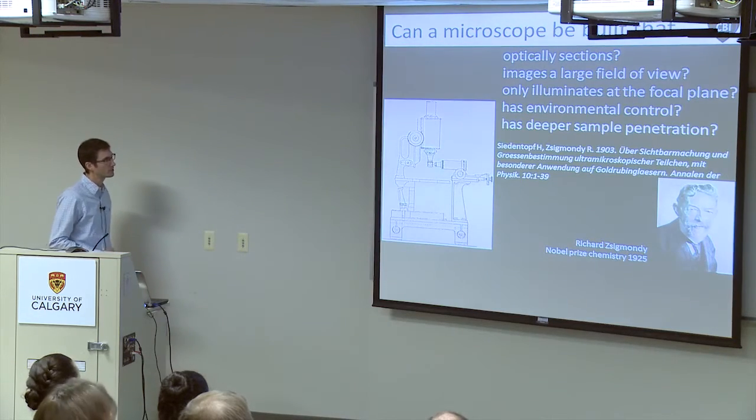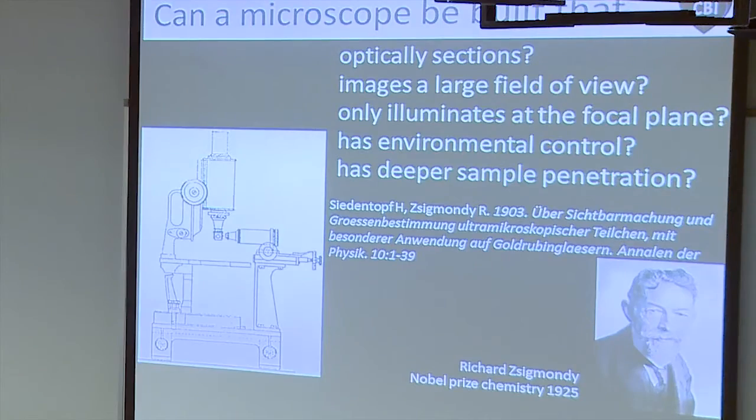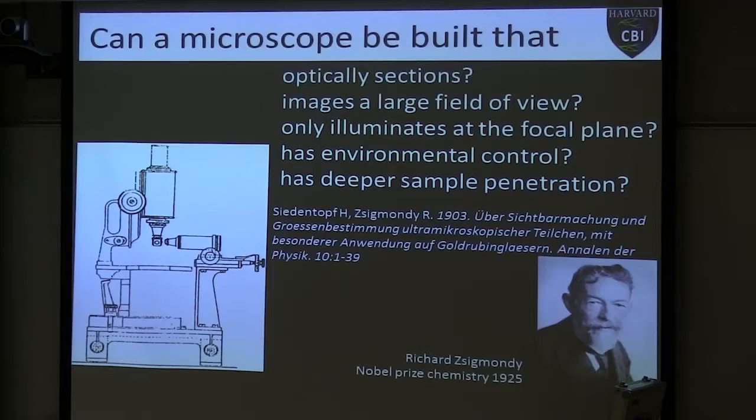So Lightsheet microscopy is also a Nobel Prize winning technology. The Lightsheet microscope was actually designed way back in the early 1900s, won the Nobel Prize in 1925. But obviously, we didn't have fancy things like lasers back then, and this was designed to look at gold colloids in solution.